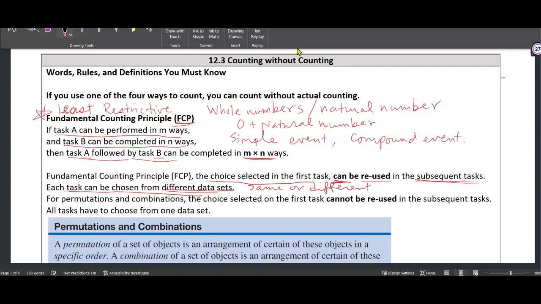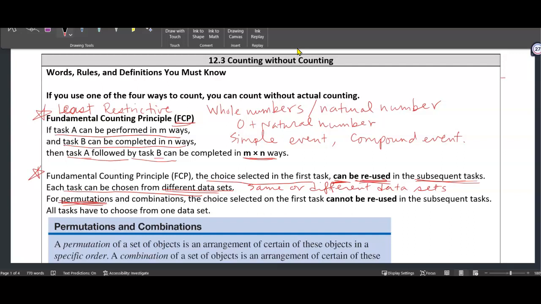In nature, though, the fundamental counting principle is actually more closely related to permutation than to combination. We are going to see that in our examples as we summarize.